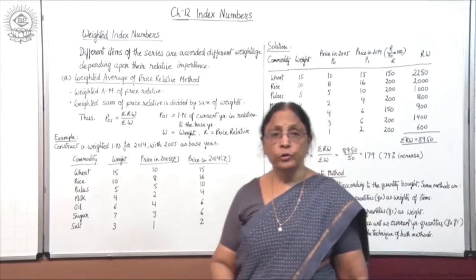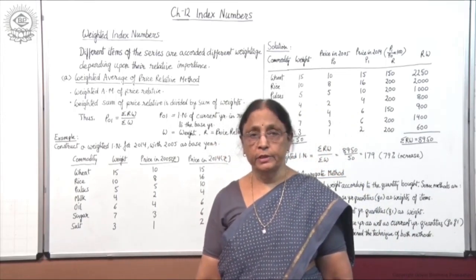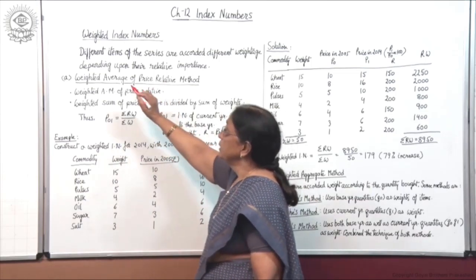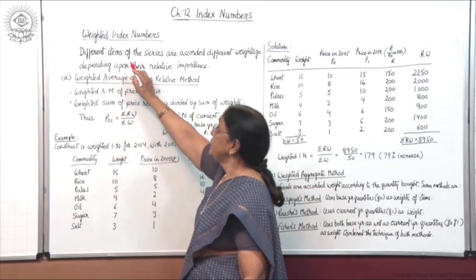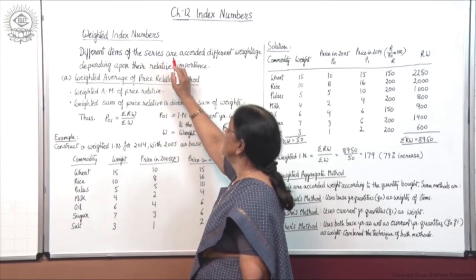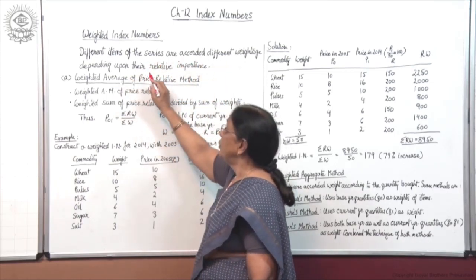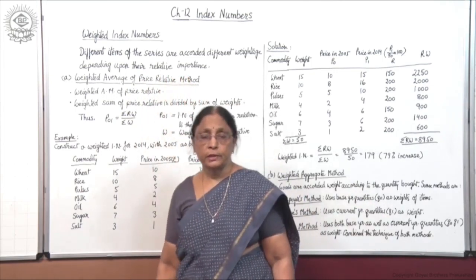These are two types of weighted index numbers. Now, what are weighted index numbers? Under this, different items of the series are accorded different weightage depending upon their relative importance.